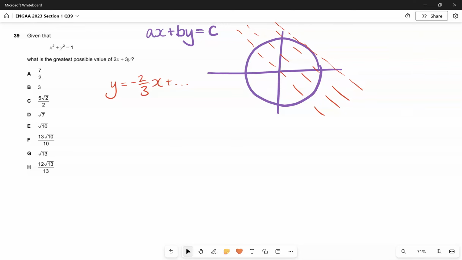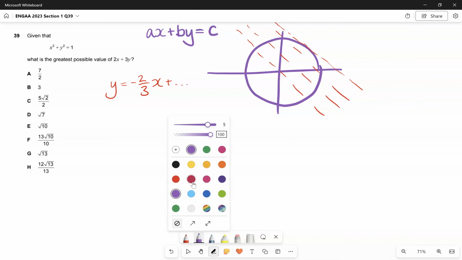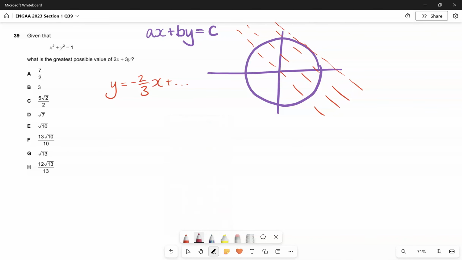And so what that means is if we were to connect a line to here to find our coordinates for x and y that we could put into our 2x plus 3y, we could see that our line here has a gradient of m equals 3 over 2.